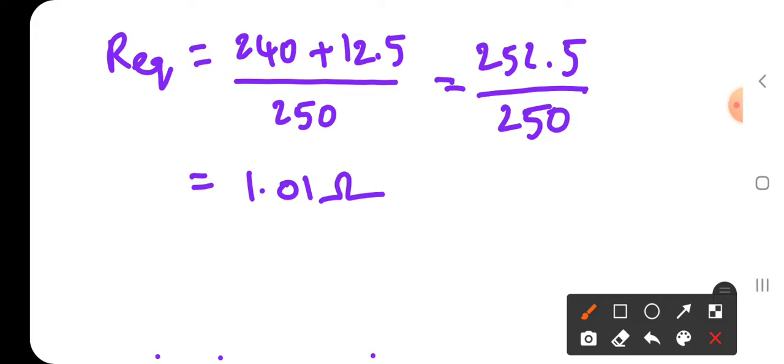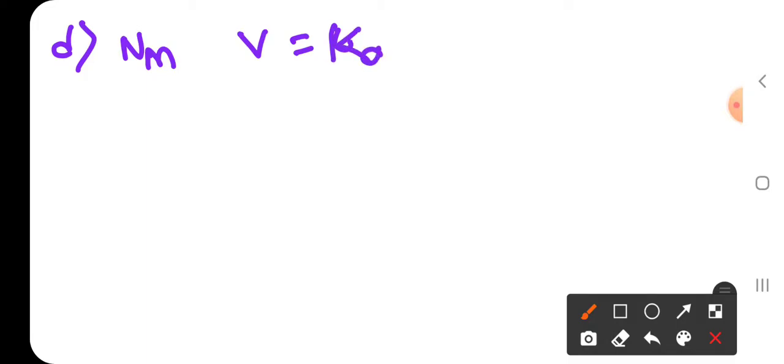Minimum possible braking speed, in the sense? Yes, you can write, do remember this. N minimum will happen when V is equal to Ka phi into omega.